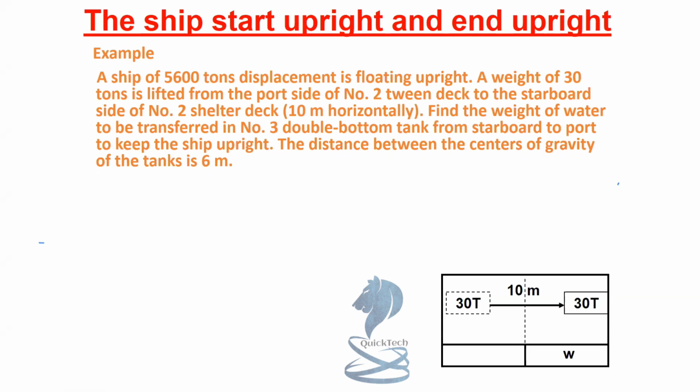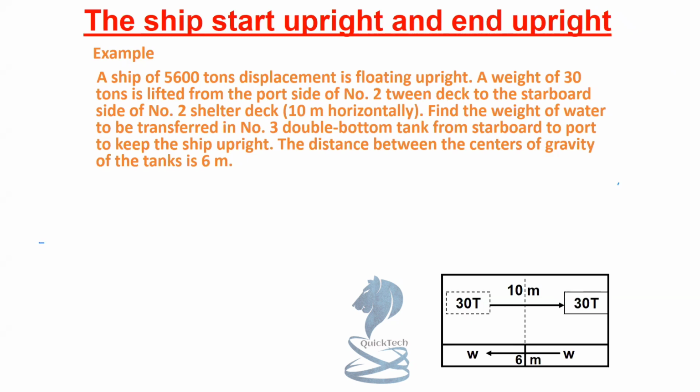Now we have to find W, the water which has to be transferred from starboard side to port side to keep the vessel upright. The distance between the centers of gravity of number 3 double bottom tank from starboard to port is 6 meters. So in this case the vessel was initially upright, then 30 tons was shifted, so we need to shift some ballast so that again the ship ends with no list, that is, upright condition.